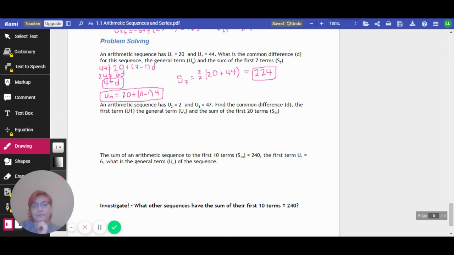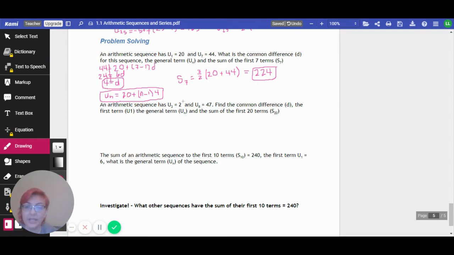All right. An arithmetic sequence has third term 2 and 8th term 47. If you remember this from the notes, we need to do 2 different equations.